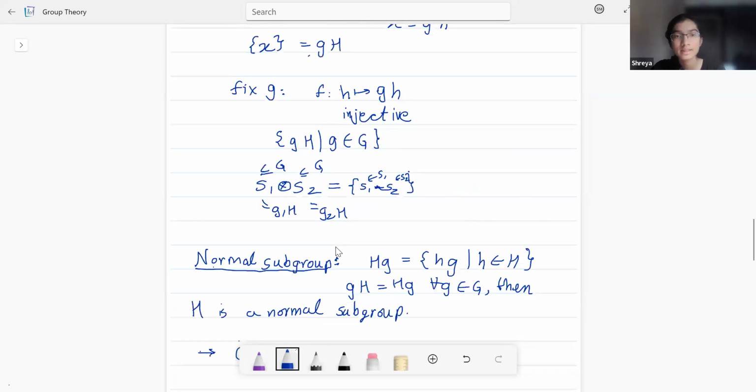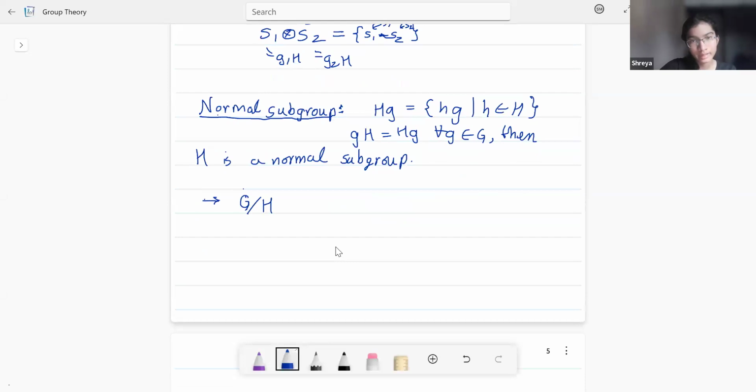Then we can define this sort of multiplication on G1 times H and G2 times H. Let's just not use the set multiplication.